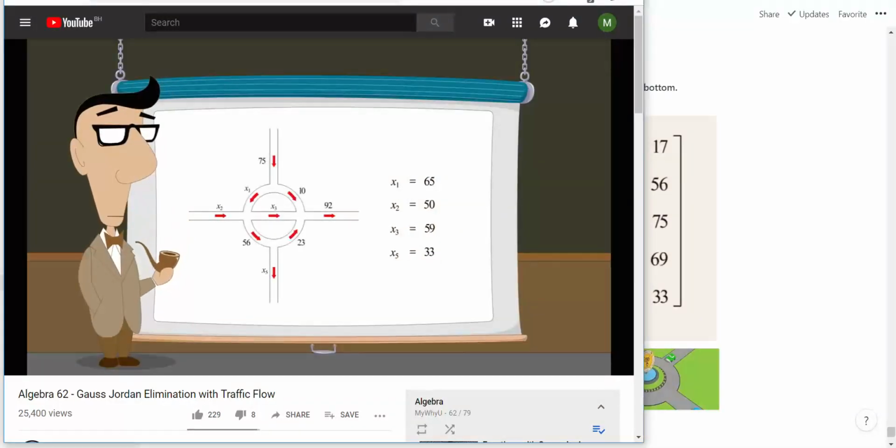This single unique solution allows us to fill in the missing measurements in our traffic model.